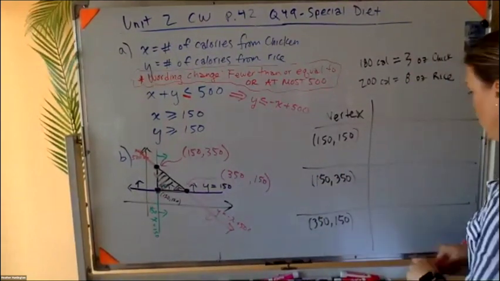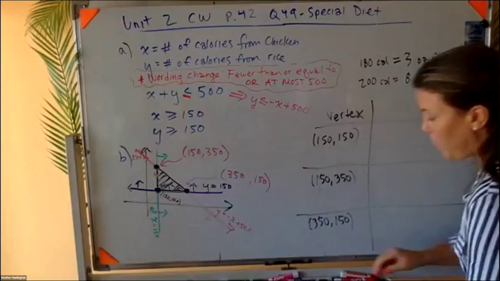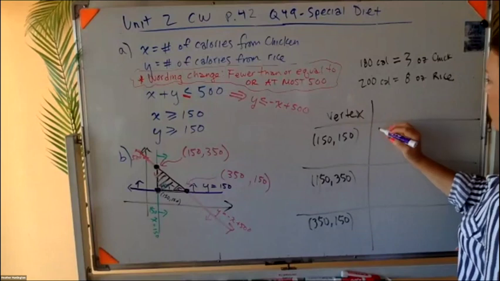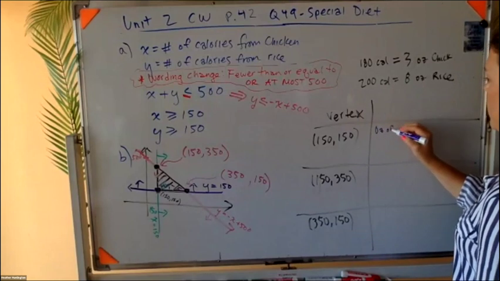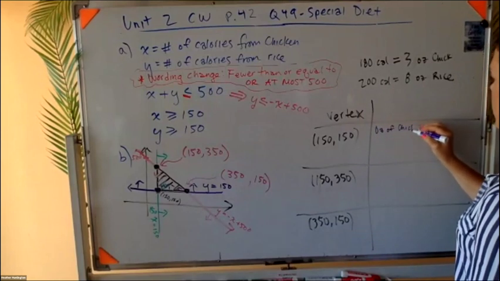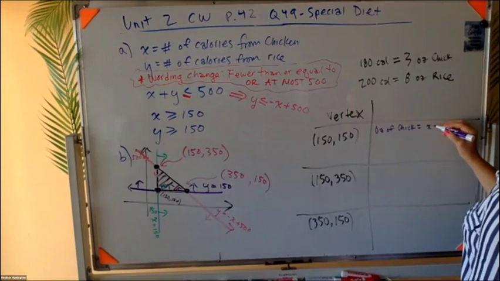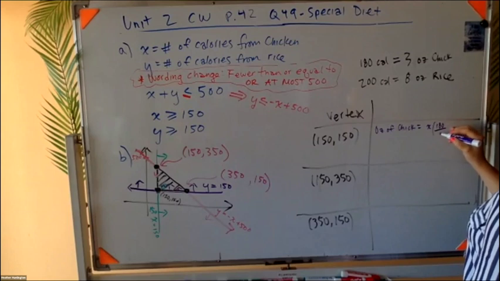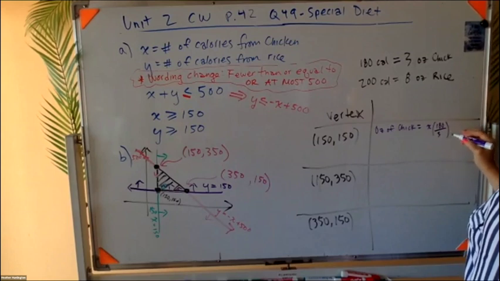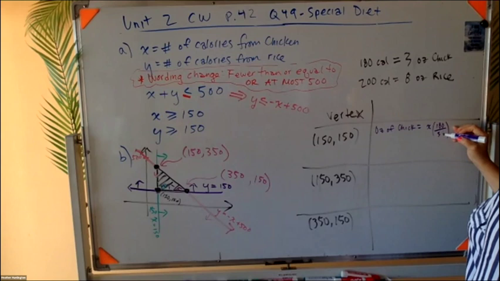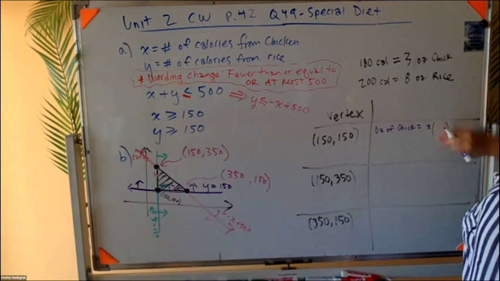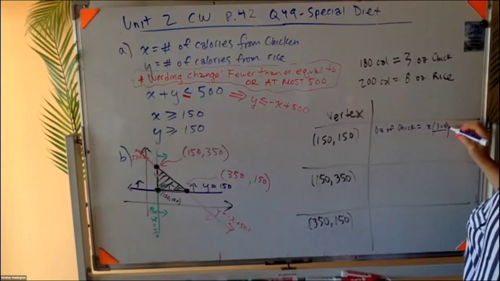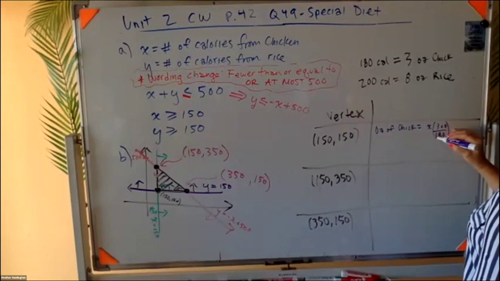You're going to need a new black marker. That one's garbage. Okay, so the number of ounces of chicken will be X times 180 over 3. Oh, no, those are calories. So I'm using dimensional analysis now, so we've got 3 ounces over 180. There we go.